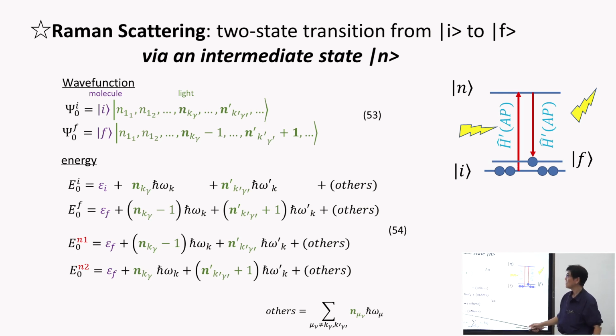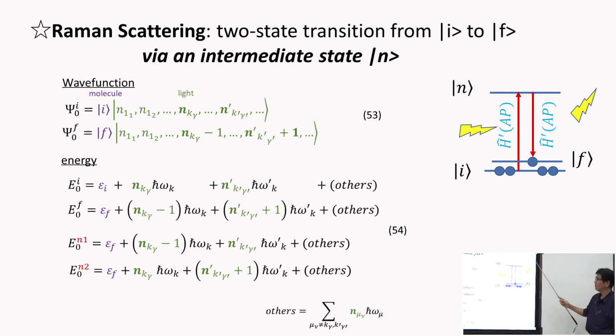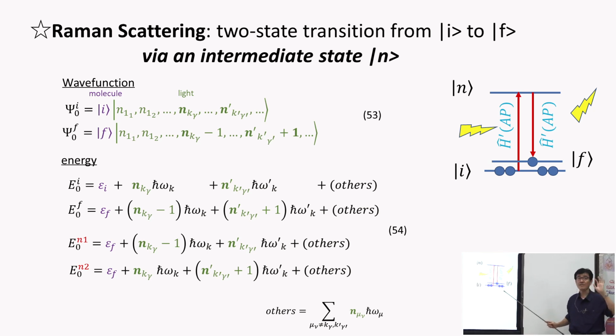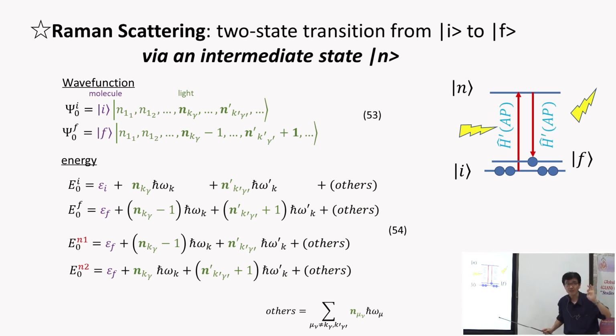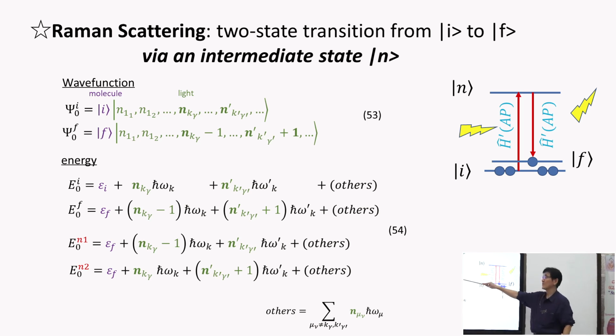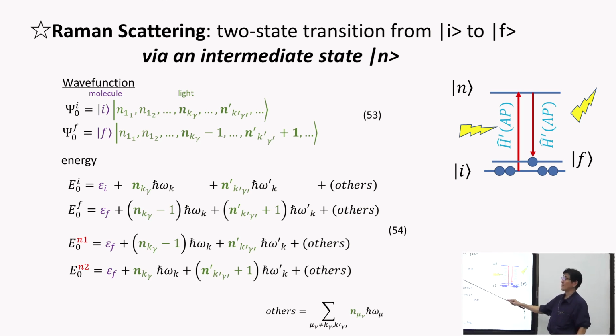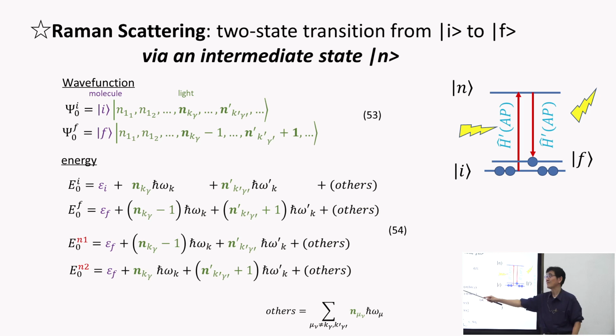That is, I explained that AP contains a creation operator and an annihilation operator. So it may increase the number of photons or decrease the number of photons. Anyway, in the final state, something decreases 1 and something increases 1, but there is no hint about the order of decreasing and increasing. In that sense, we should consider two intermediates.